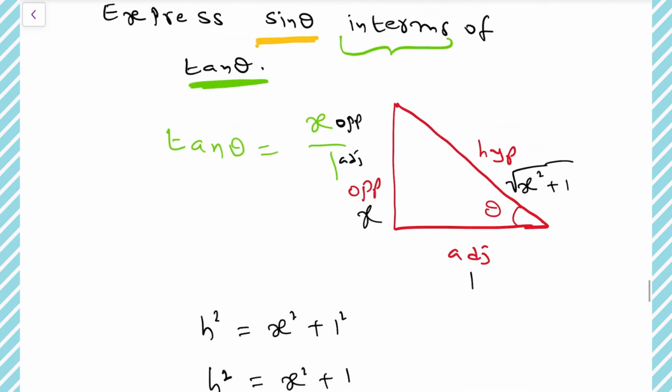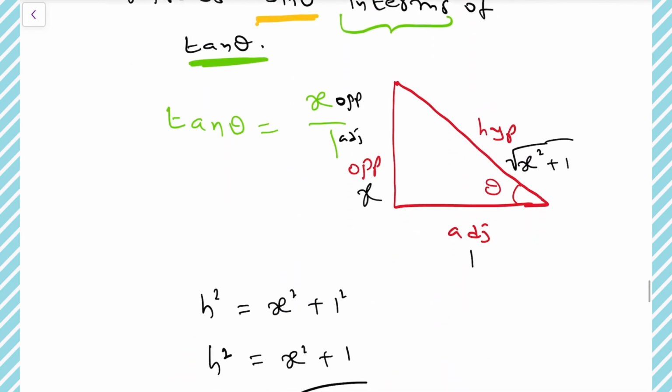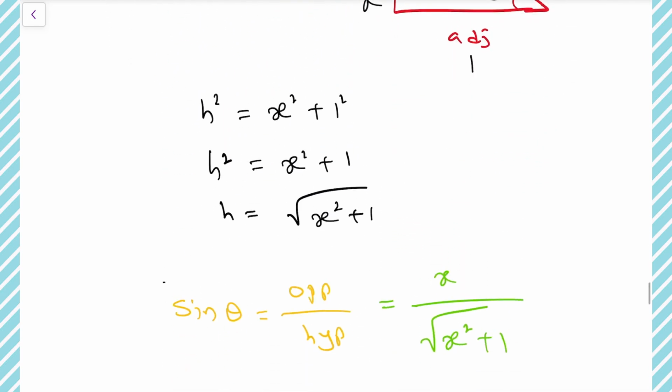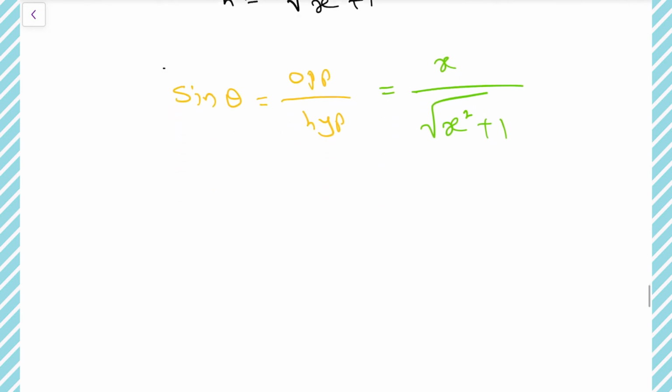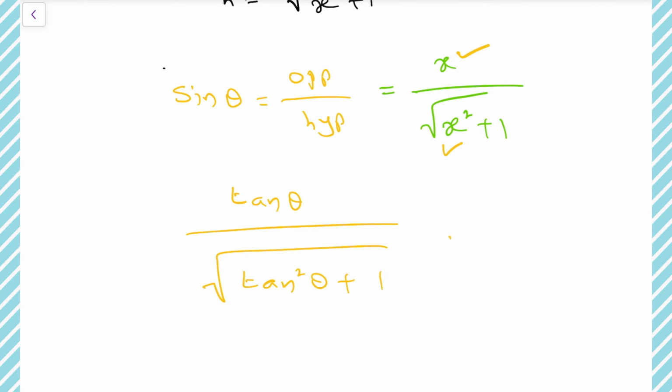But in the solution at the first step we took tan theta as x. So here this x, I'll replace with tan theta. So tan theta whole divided by under root tan square theta plus 1. This is expressing sine theta in terms of tan theta.